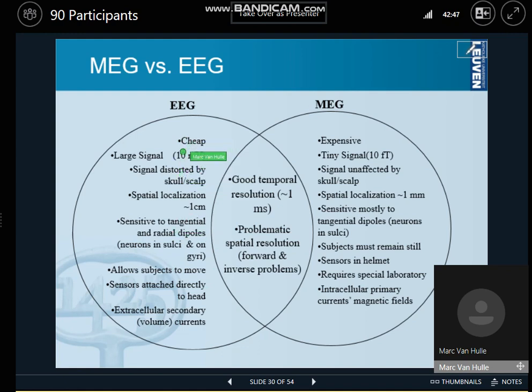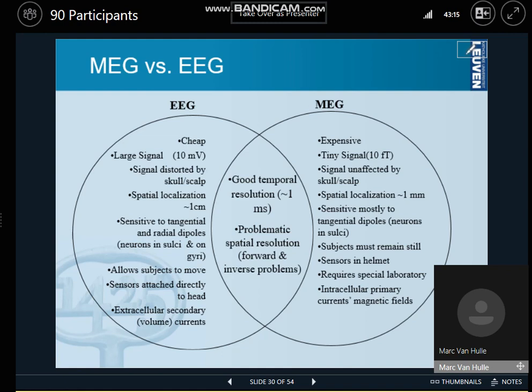And then EEG has some advantages. It's pretty cheap. EEG equipment is a lot less expensive than MEG equipment. MEG equipment is millions; EEG is like tens of thousands of euro. And you cannot do both MEG and EEG at the same time, not simultaneously, because the electrodes are disturbing each other, right?